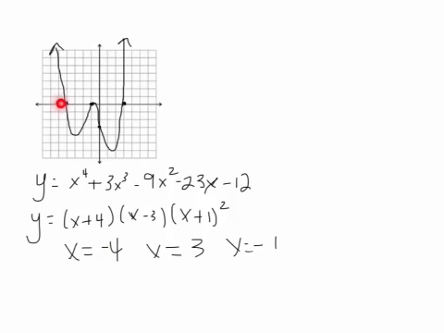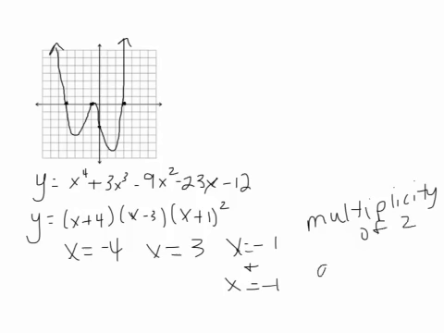This line goes through -4. It crosses at 3, it goes through +3. But this one right here, because it's a double root, right? If you solved, you had to separate them both, solve, you'd get x equals -1 and x equals -1. We call that a multiplicity of 2. Or you could say, in this case, it's a double root.